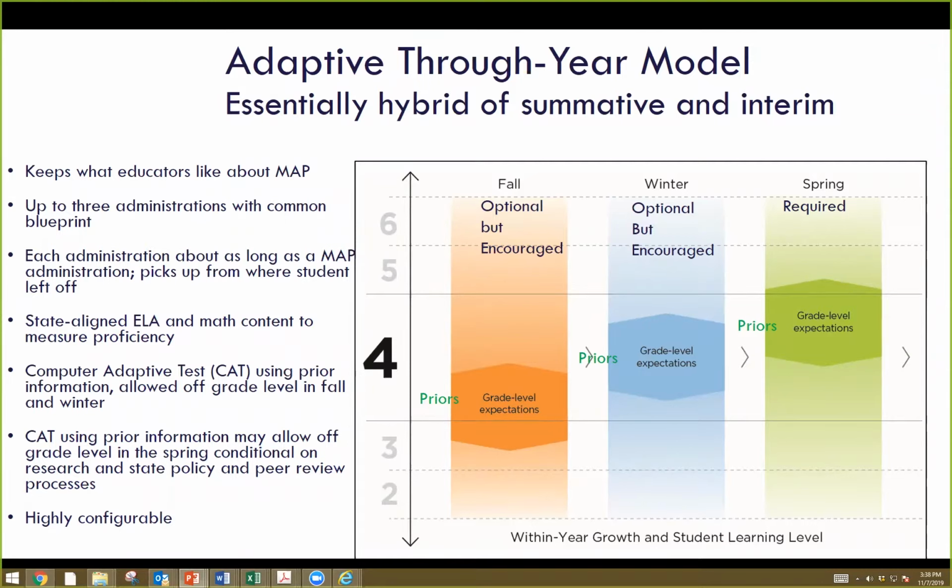We continue to make decisions in a way that includes lots of stakeholders, and as we make those continuing decisions, we're going to make sure that educators from across the state continue to be involved.